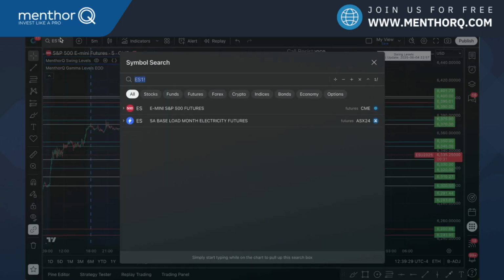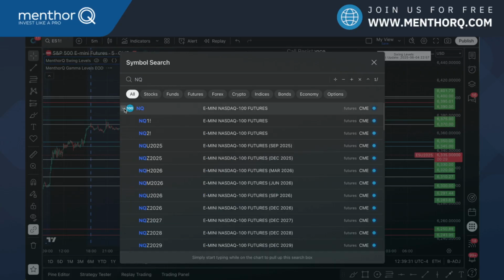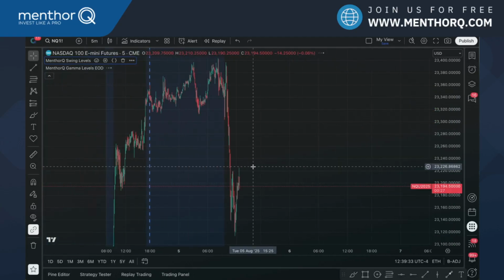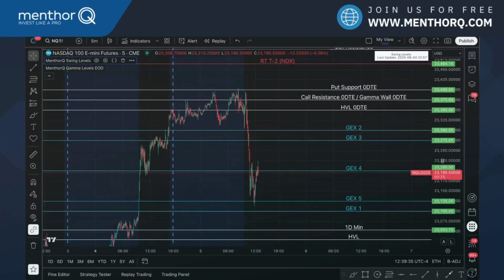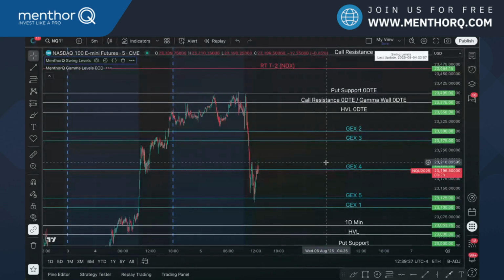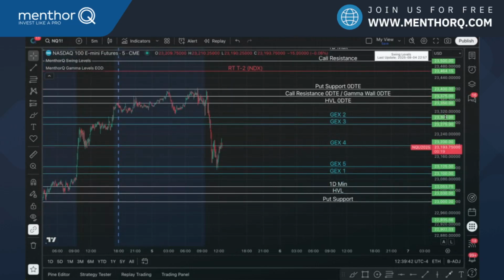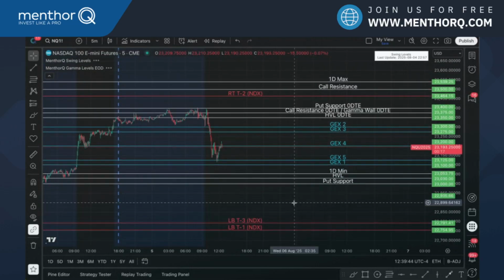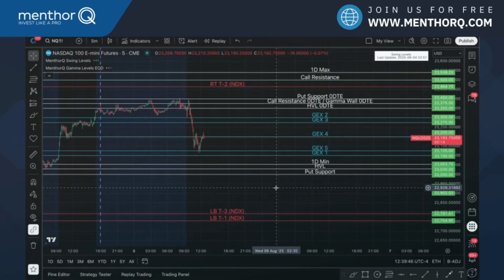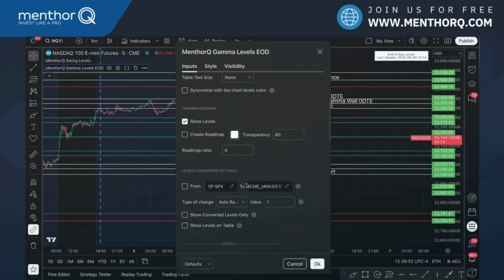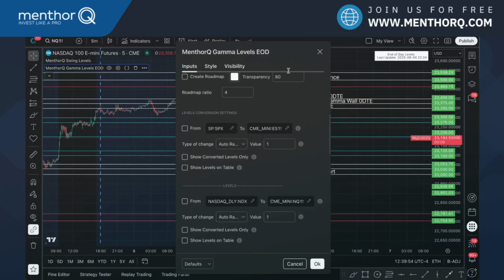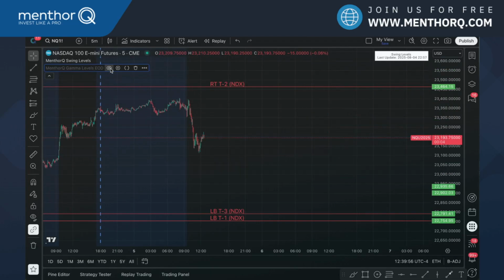We can do the same thing on NQ. And what we have here is our NDX swing trading levels, and then of course plot it on NQ. But you could also do something more advanced, which is really using swing trading levels from other assets to potentially plot them on your future trading levels.